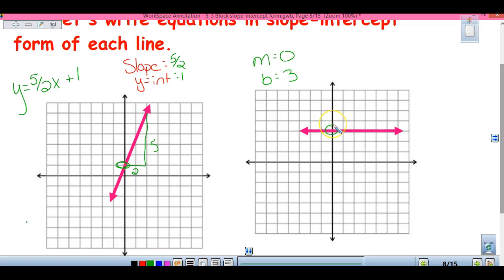That's where it crosses. So what's my equation? Y equals 3. Because we don't put 0x. If it's 0, we just leave it.